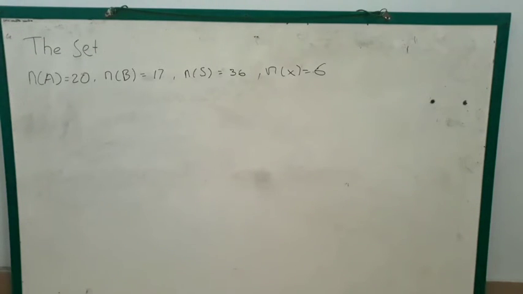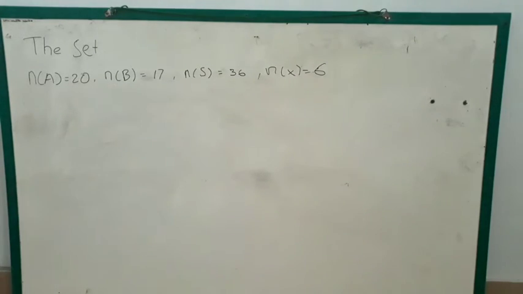In this example, we can get the points. The first point is the students who like to play basketball. We can call value A is 20. And second point, the students who like to play karate. We can call value B is 17.